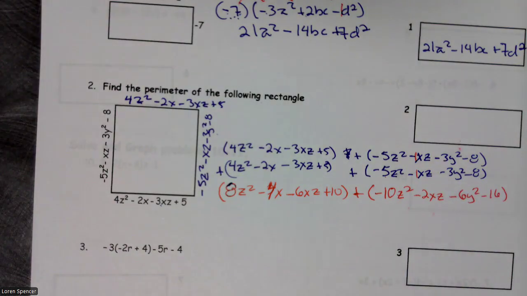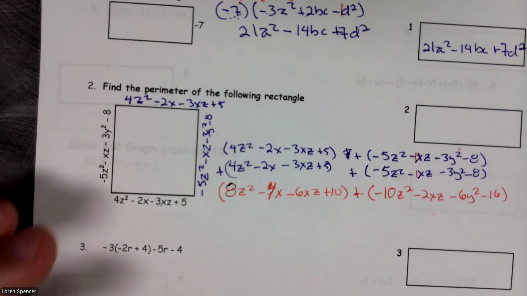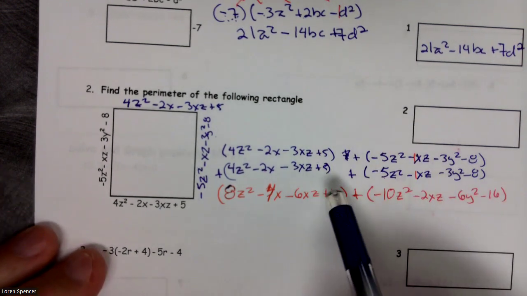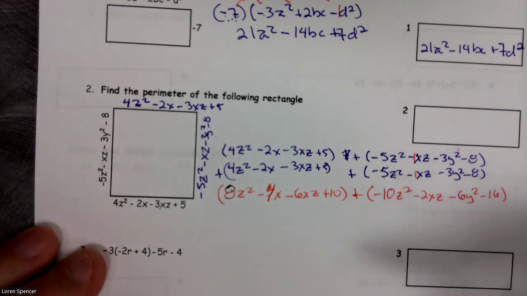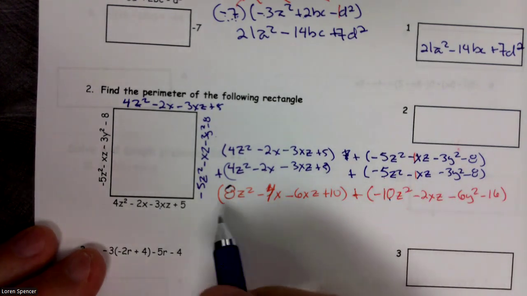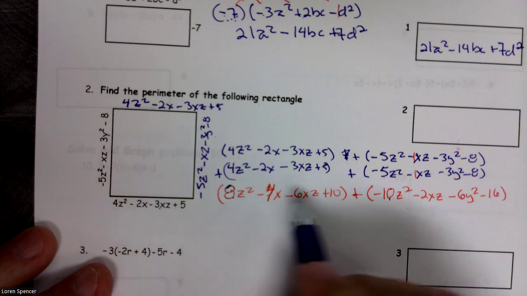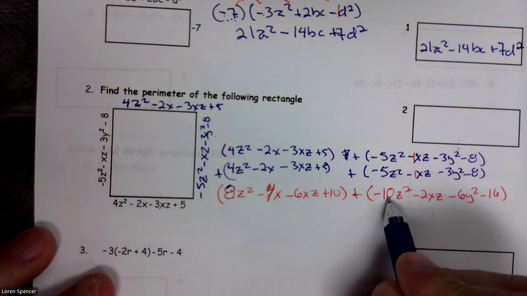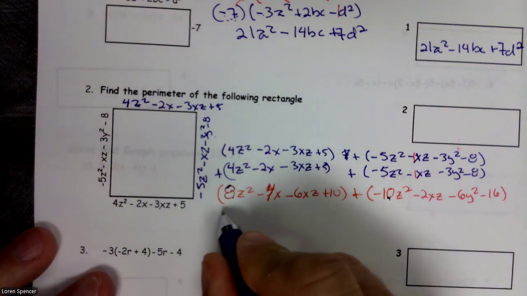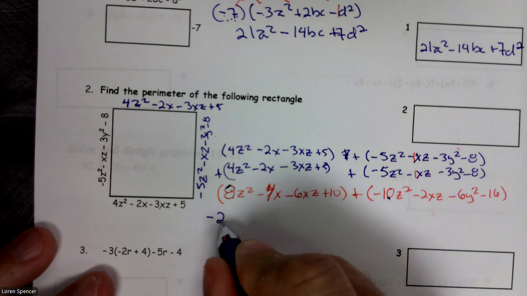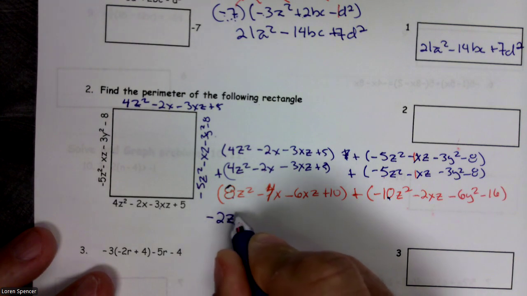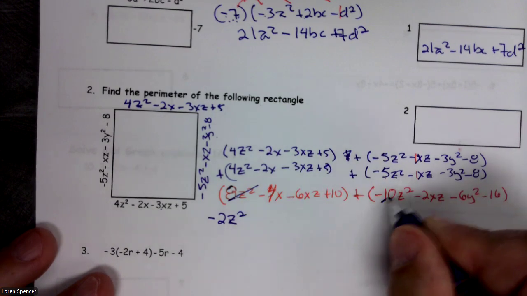All right. So at this point, I can combine these. I'm going to go ahead and line this up with what I have because I can combine the 8z squared and the negative 10z squared. Well, that gives me negative 2z squared, and those go away.